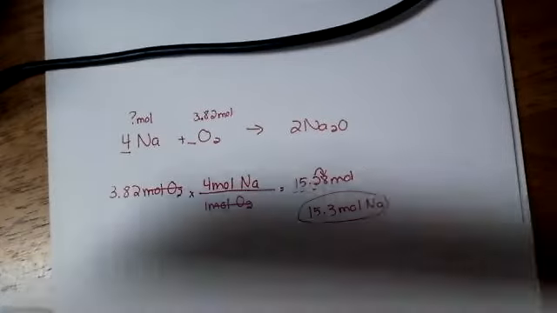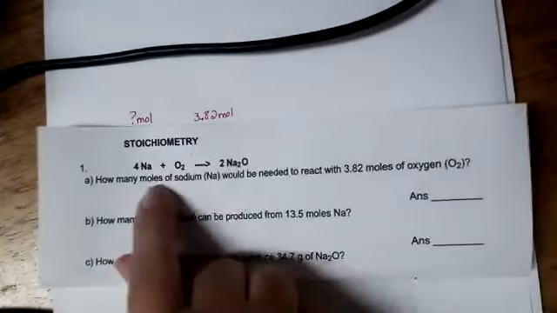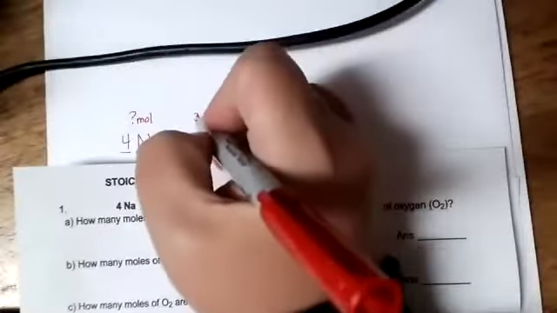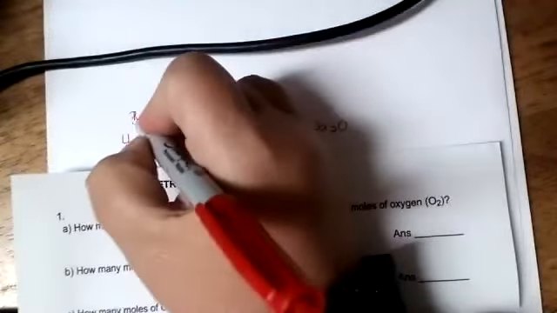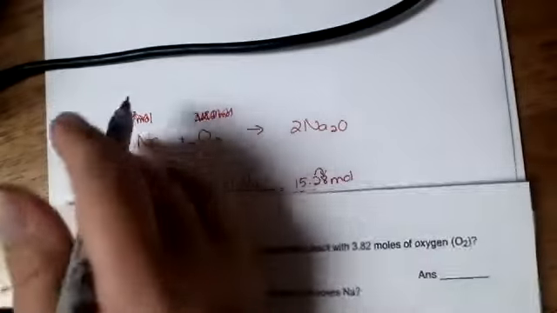So let's go on and look at 1B. So 1B, we're using the same exact reaction here. So I'm just going to go up here and scratch out these. Now, I typically don't use my answers as a given or unknown unless I absolutely have to, because if I got my problem wrong, then that means every problem after that would be wrong.